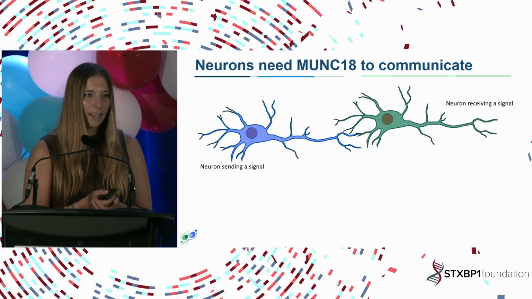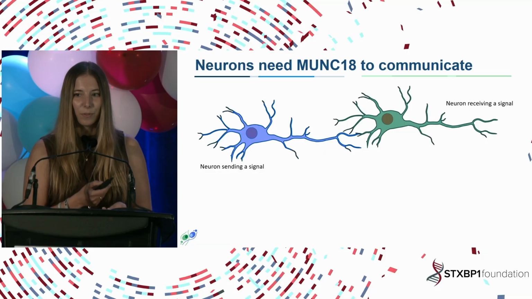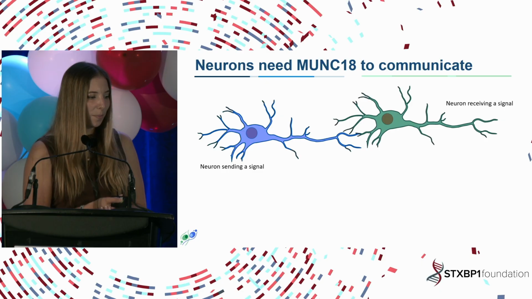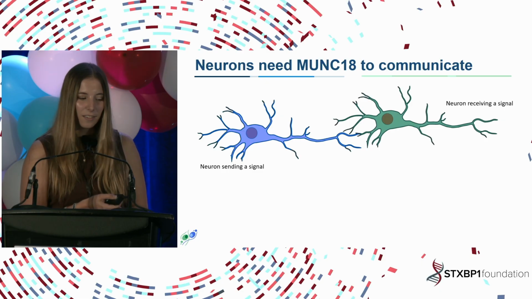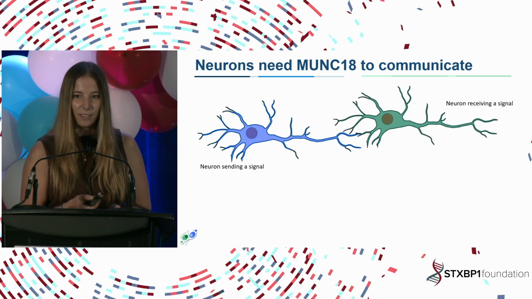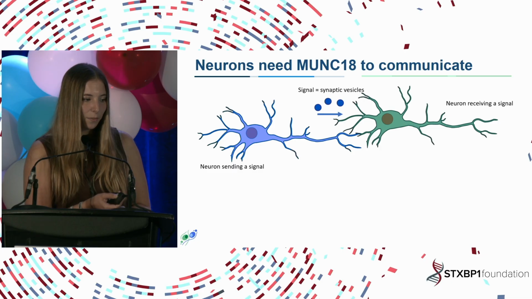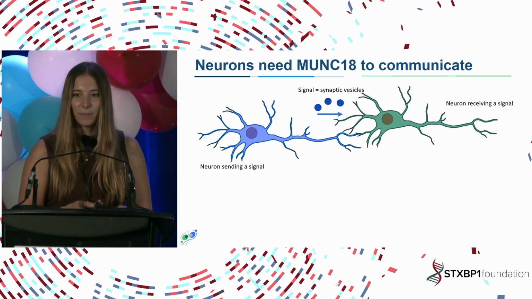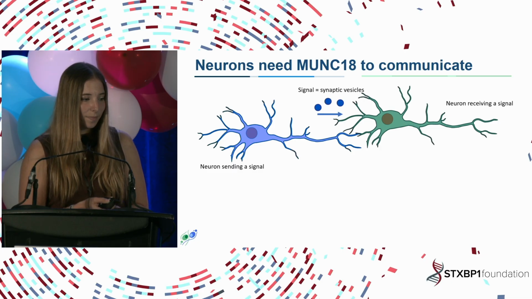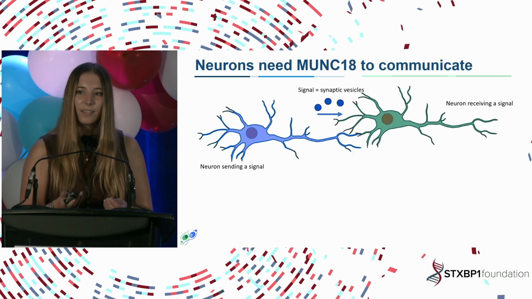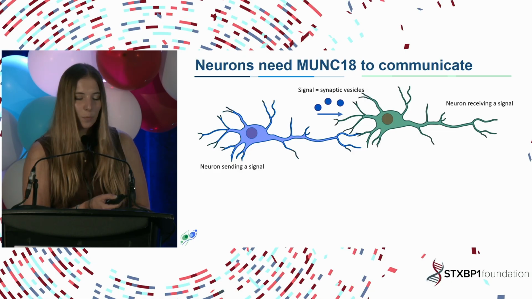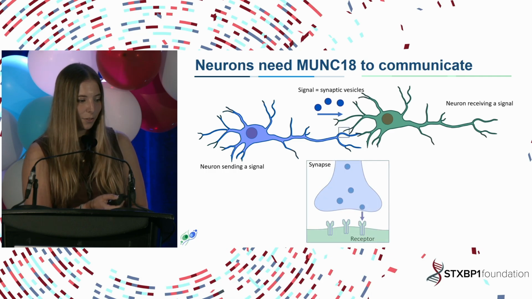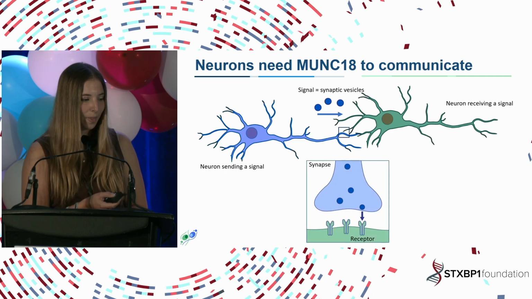MUNC18 is necessary for neurons to communicate from one to the other. So if we imagine a neuron that is sending a signal and a neuron receiving this signal, the signal itself is packed in what we call synaptic vesicles. And these synaptic vesicles are transported from one neuron to another in a very specialized compartment in the neuron that is called a synapse.